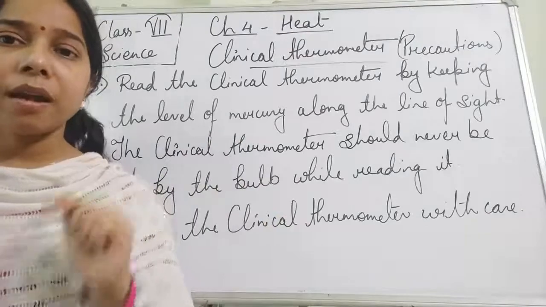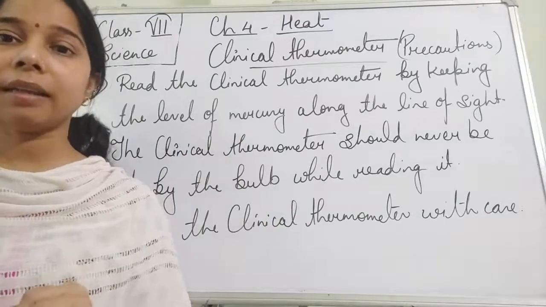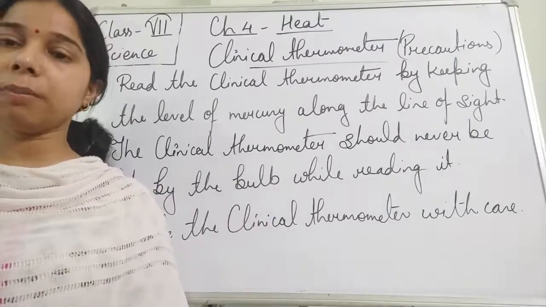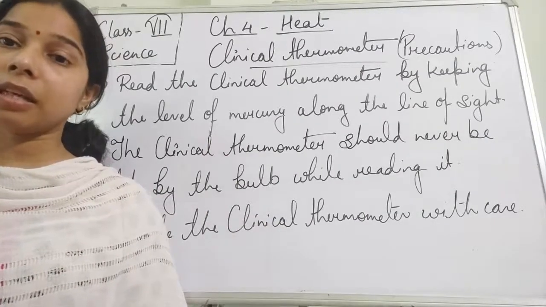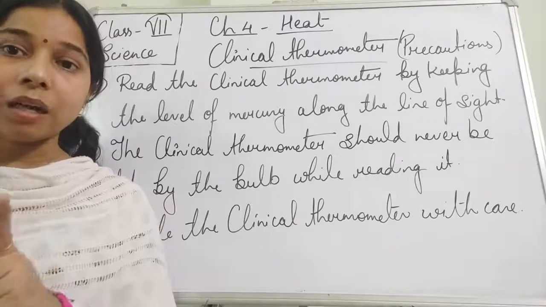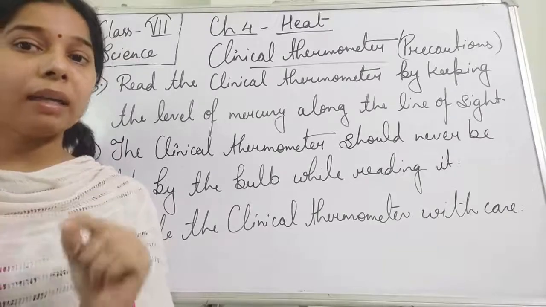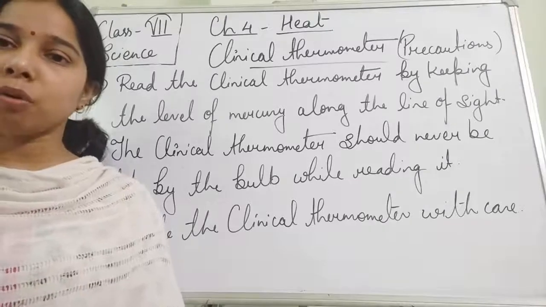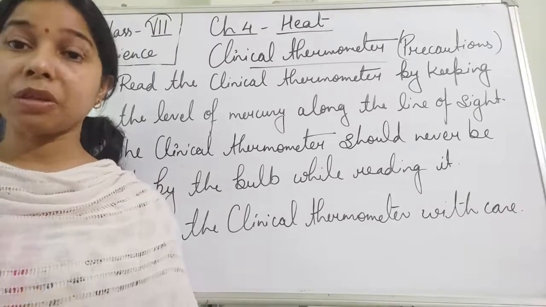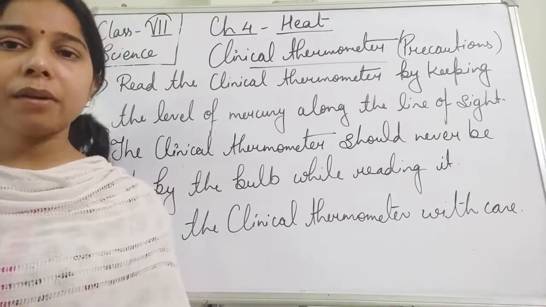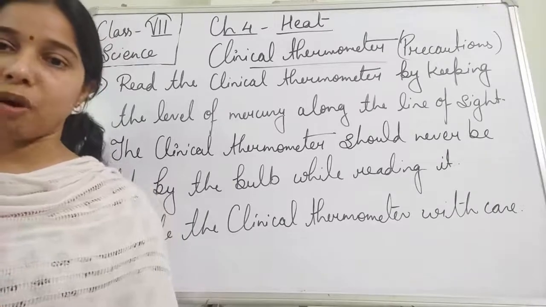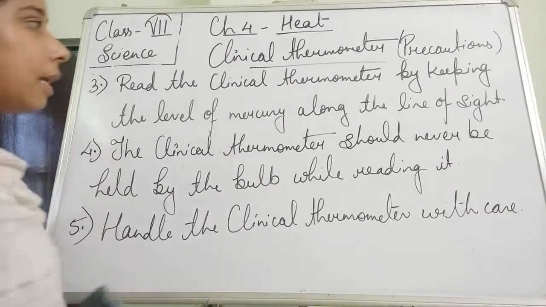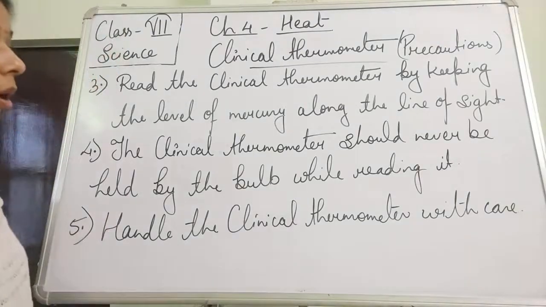It means every division tells the 1/10th temperature of the person, not 1 degree but 0.1 degree Celsius. So by this we came to know that the clinical thermometer helps in giving the very accurate temperature of a person. Let me write it, then you will be able to understand this concept.